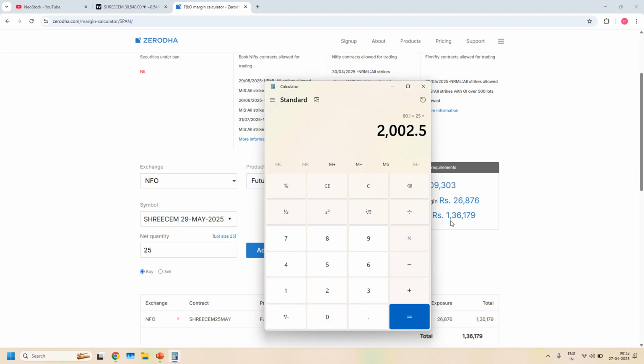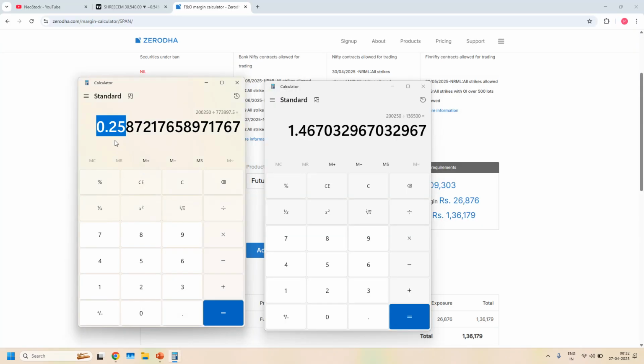So 100 into 2,000 divided by 1,36,500. Let us do that calculation. How much did you lose? 1.467, rounded 1.5%. Here you got a 1.5% loss, but in the equity segment you got only 0.3% loss.